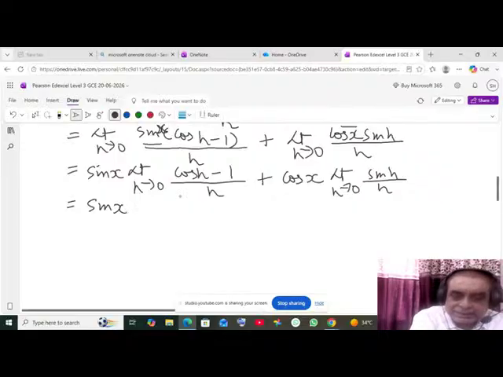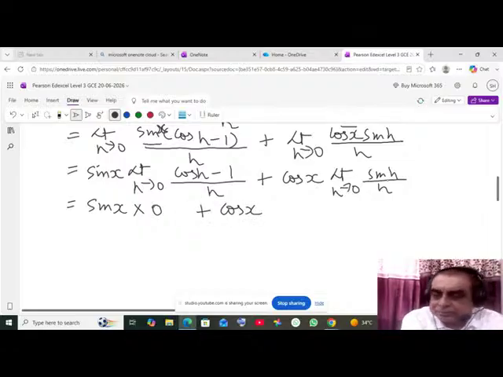For sine x, the limit of cos h minus 1 upon h is 0, so we put 0 here. And for cos x, the limit of sine h by h is given in the question as 1, so we put the value 1 here.